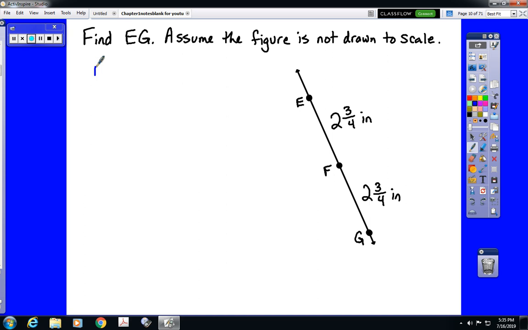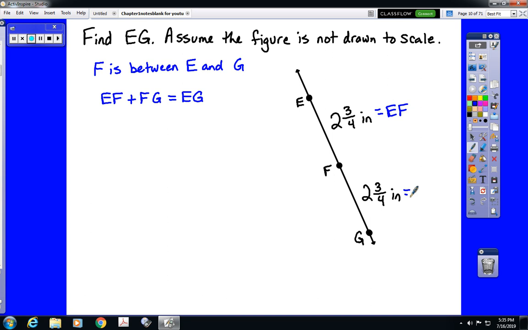Well, F is between E and G, which means we can write the equation EF plus FG equals EG.